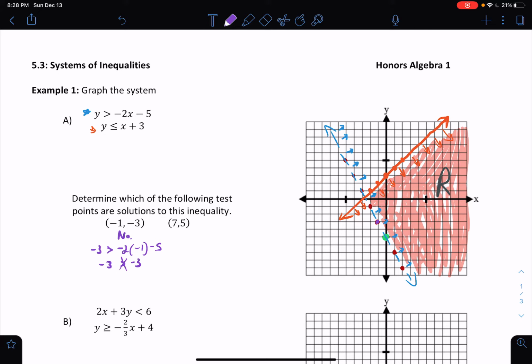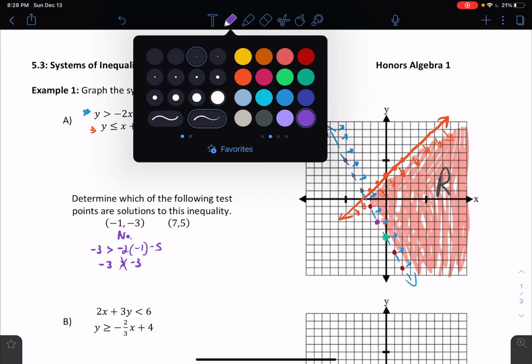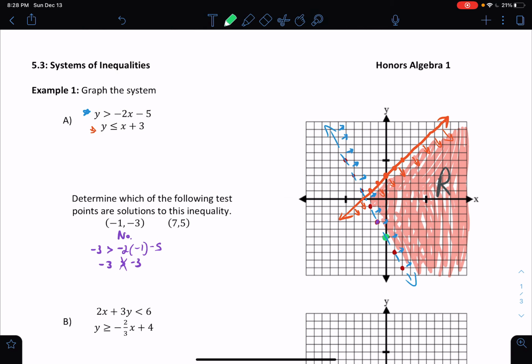What about 7, 5? 7, 1, 2 is right here. We can clearly see that that is in the solution region, so it's going to work for both of these inequalities. You can also check algebraically. Plug in 5 for y, plug in 7 for x.